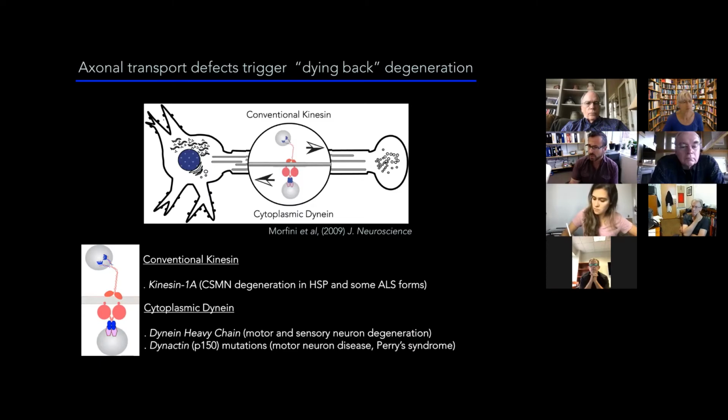In fact, Don Cleveland was one of the first ones to report those, especially for slow axonal transport, although he hasn't done much for fast axonal transport, which refers to the transport of vesicles moving back and forth, which is a lot more prominent than the slow axonal transport and equally important.